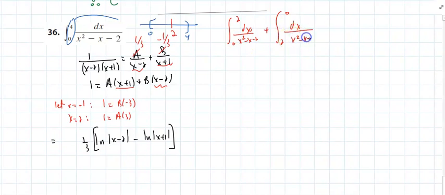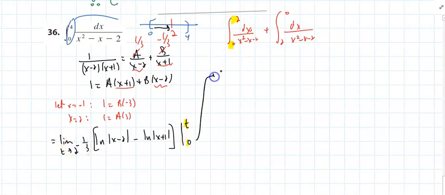Now either way I have to integrate. So if I take this portion first, I'm going to evaluate this from 0 to t. I'm going to take the limit as t approaches 2, and notice I can only approach 2 in this case from the left.